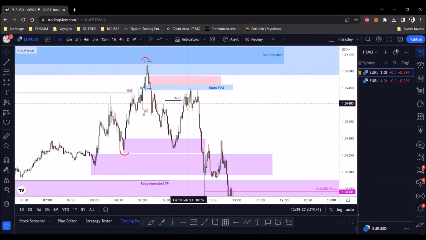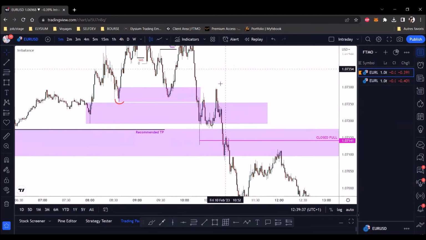For example, here I could conceive a buy setup: look, there is a break of structure, this is a nice shift in market structure, we rebalance the fair value gap, and then boom, we break with a nice fair value gap. Let's trade from there, and boom, stop loss.